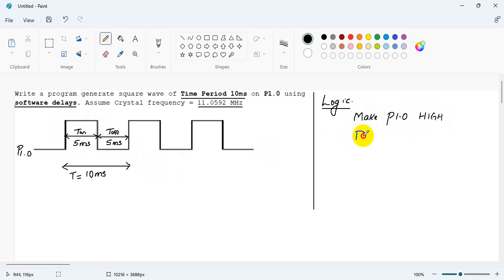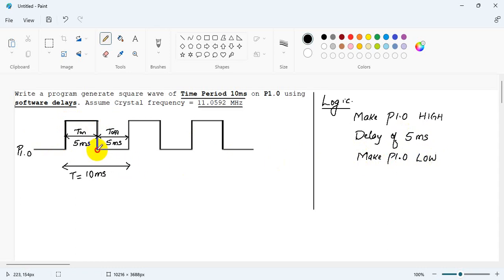So now you give a delay of 5 milliseconds, so that after making it high, it will remain high for 5 milliseconds. Once 5 milliseconds has elapsed, now you make P1.0 low.